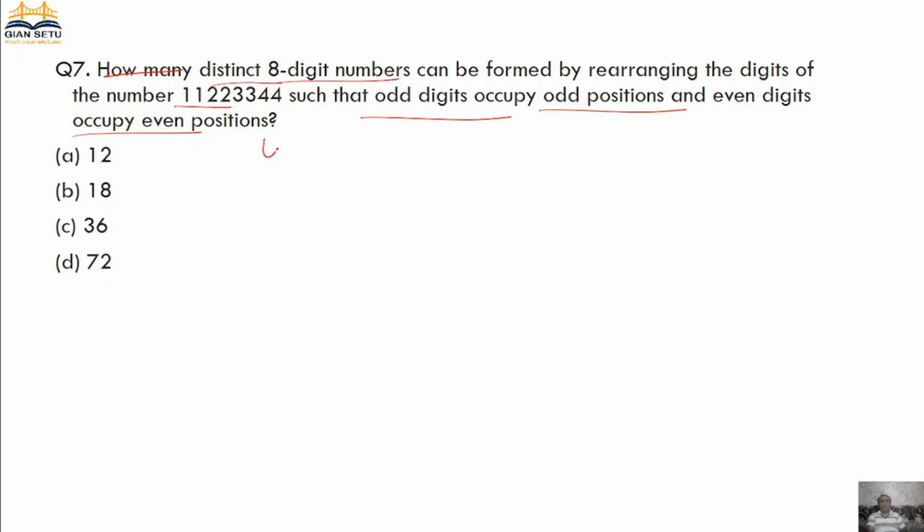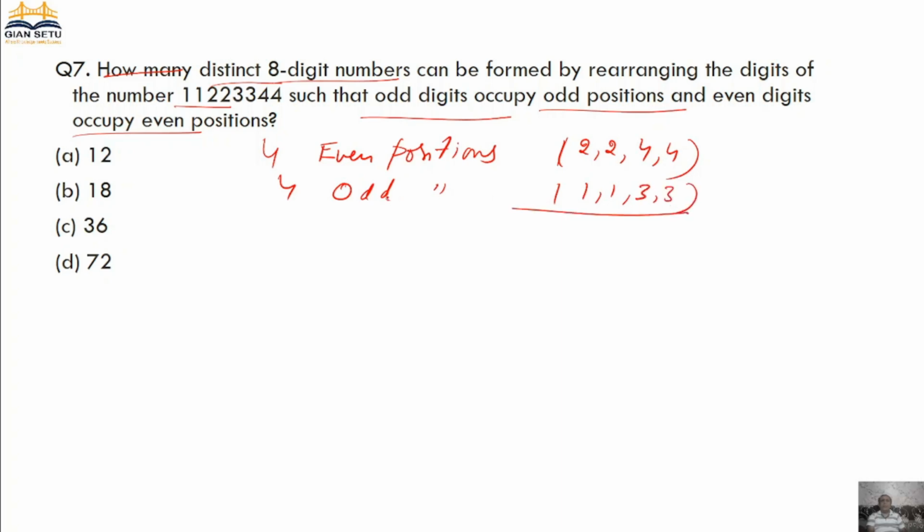Right. 4 are even positions and 4 odd positions. Right. And even digits are 2, 2, 4, 4, right, and odd digits are 1, 1, 3, 3, right.